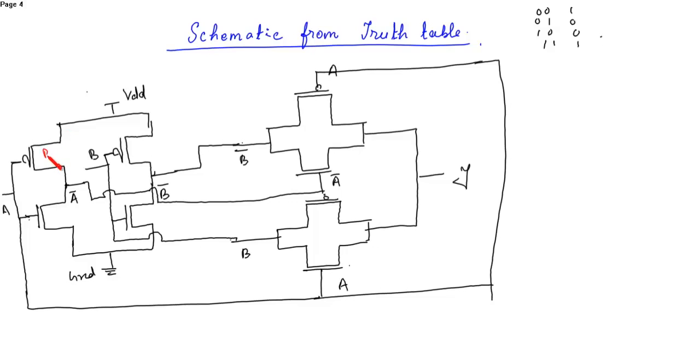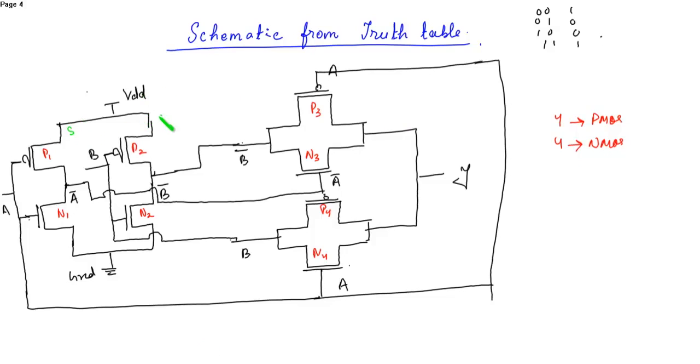This is P1, P2, P3, P4, N1, N2, then N3 and N4. So you can see there are 4 PMOS and 4 NMOS. So we all know the terminals.